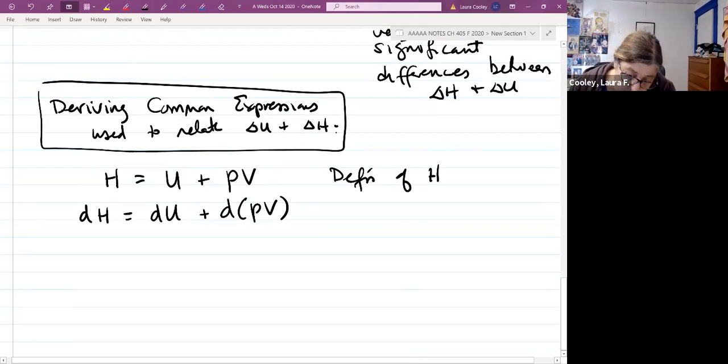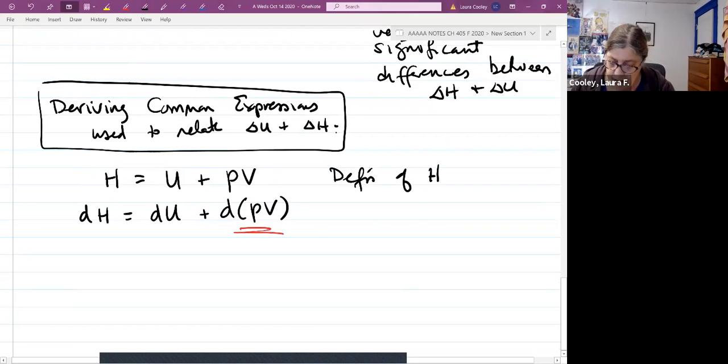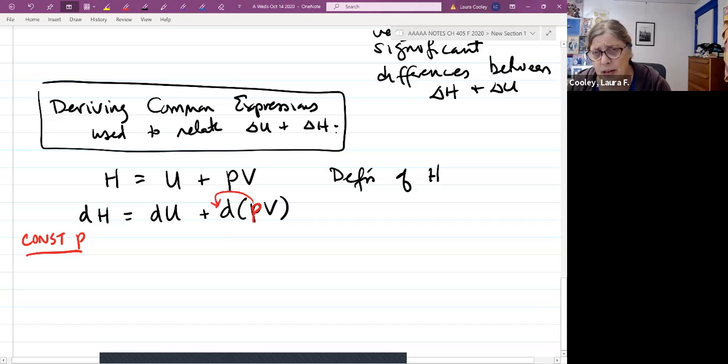But what I want to do here is not break this down into P dV and V dP, because I want to first talk about what happens at constant pressure. So if pressure is constant and you're taking the derivative of pressure times volume, then pressure would just come in front of that derivative. So that's what I mean by saying we use the same sort of rules that you use when you take derivatives.